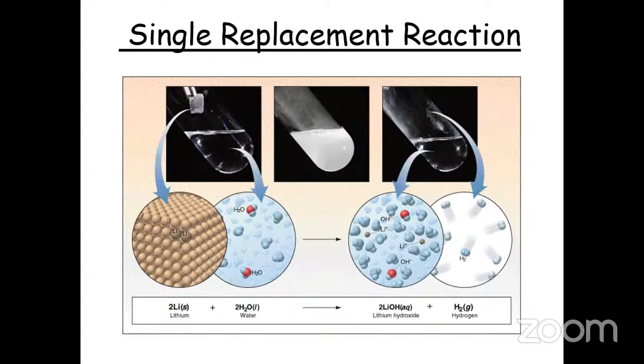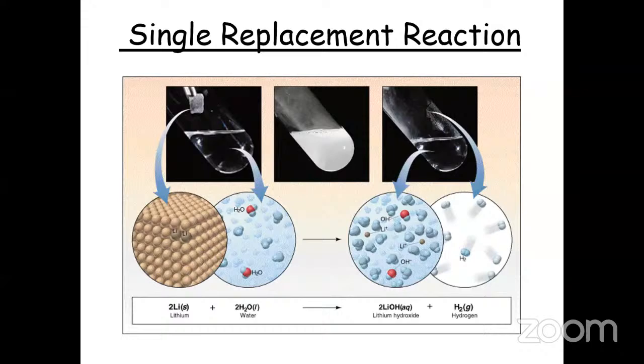Now, the last type of reaction we'll be talking about is what we call the displacement reaction. If you look at what we have in the picture, we have lithium metal and water to form lithium hydroxide and hydrogen.